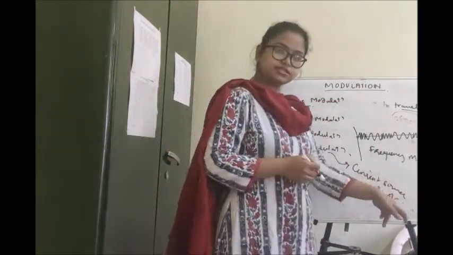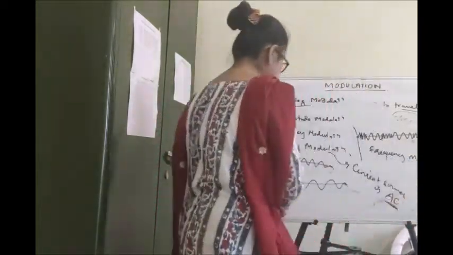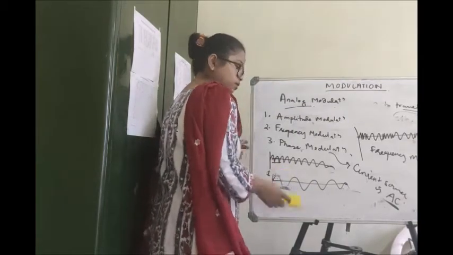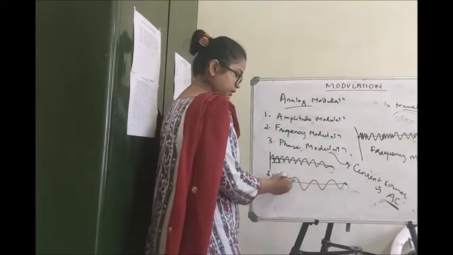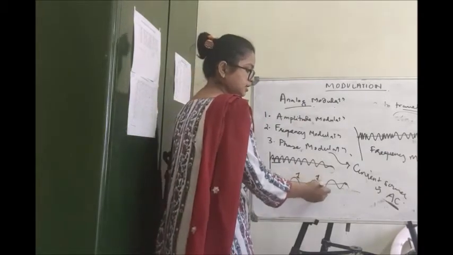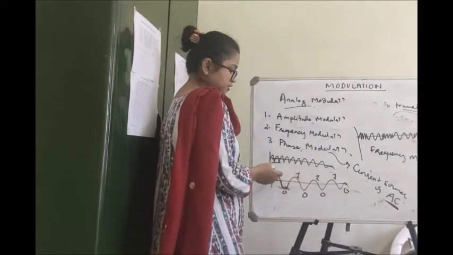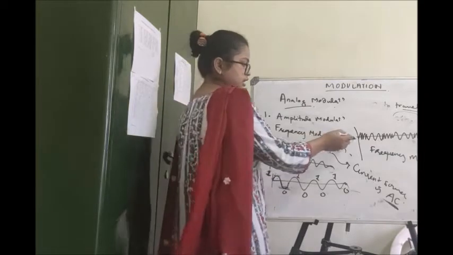Whenever the current changes its phase, the frequency is changed. In the case of phase modulation, suppose whenever a change is happening, that is 1, then 0, 1, then 0. This can be said to be an AC current. When the AC current works like that, at 1 we take the frequency of the information channel.